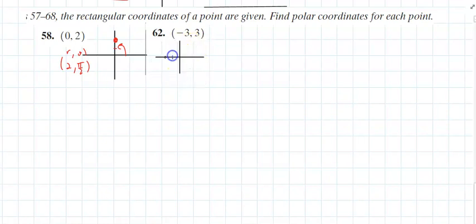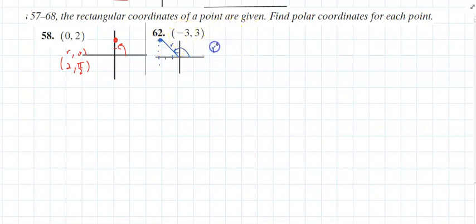So if I move 1, 2, 3 back, 1, 2, 3 up, here I am. I'd like to know, what is this angle and what is that radius?